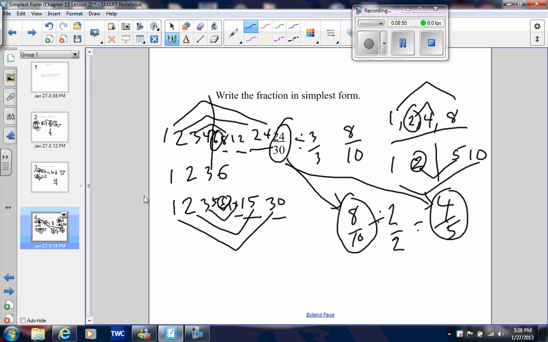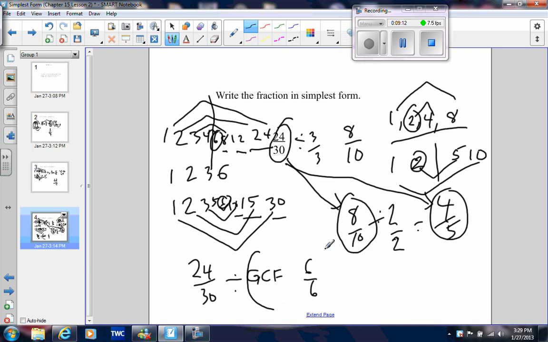And so if we'd like to be able to get from 24/30 right to simplest form with one step, you would have to divide by what's called the greatest common factor. And in this case, the greatest common factor, the largest one, was 6.